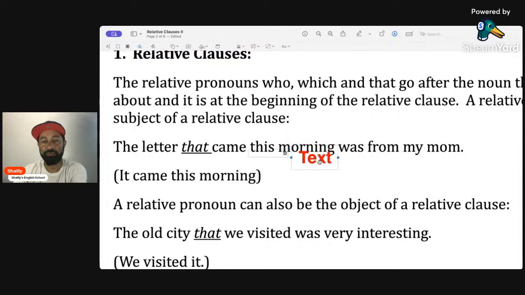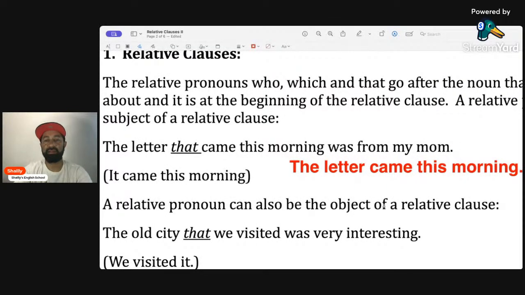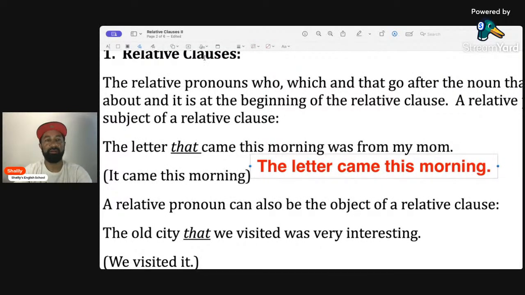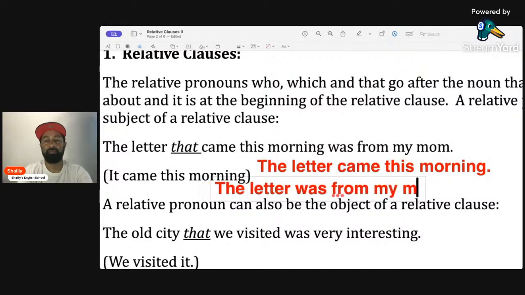Maybe the original phrases were the letter came this morning. The second is the letter was from my mom. All right, so we've got two sentences here.